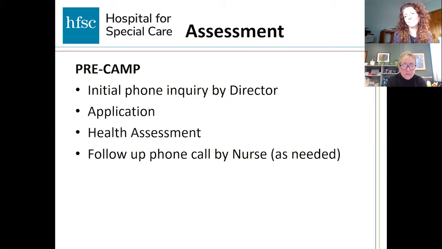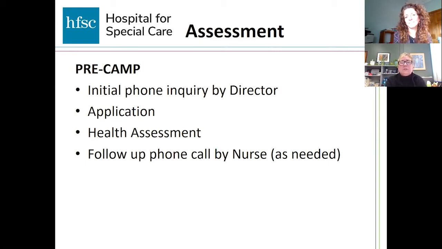Can my child come? They've never come before. Do you accept new campers? So it starts by just those initial inquiries to myself, and we do a follow-up. Say, let me share with you the camp structure. Let me share with you what you could expect if your child were to attend.